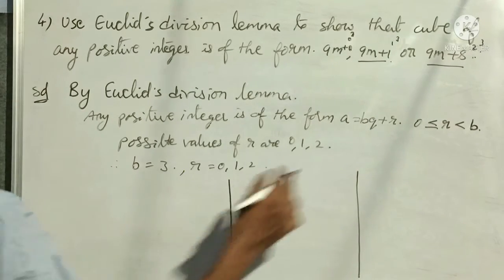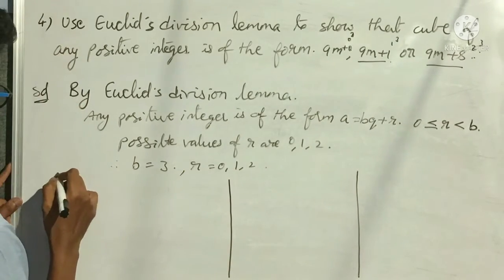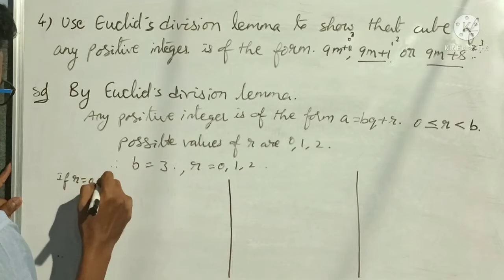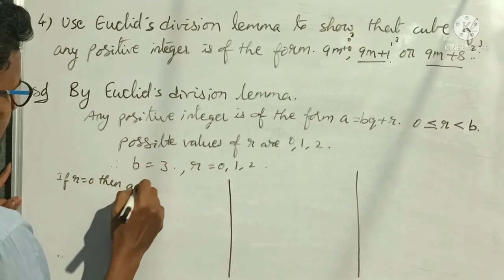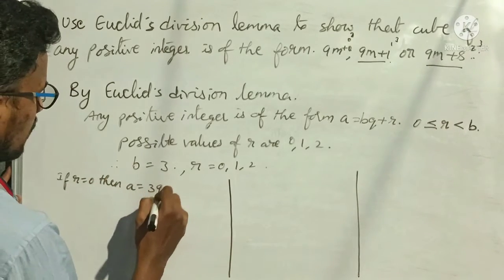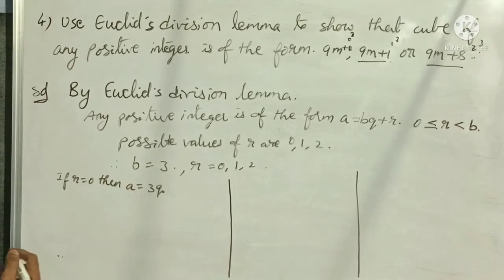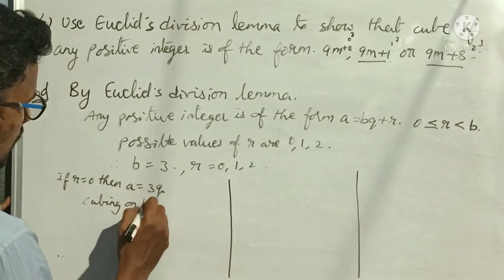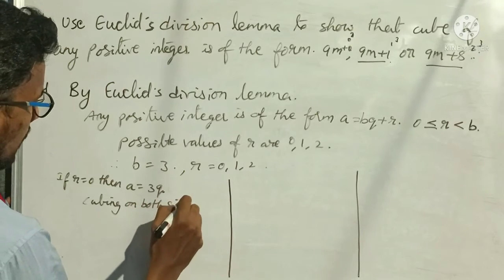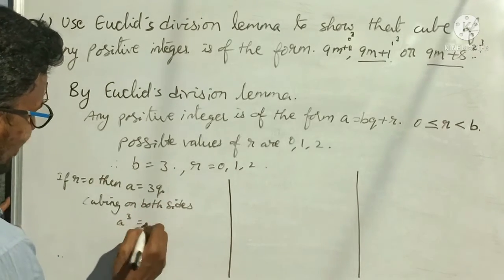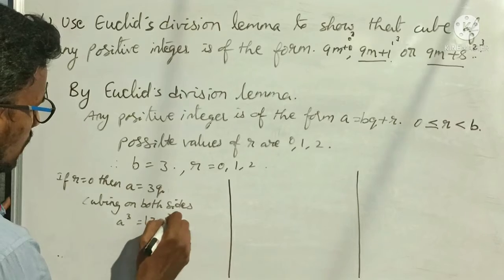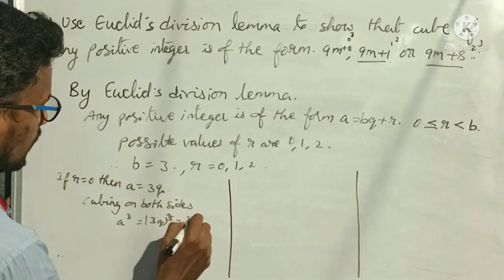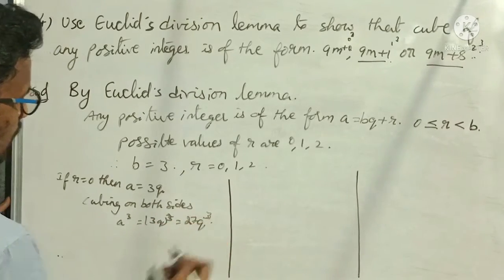Okay, so when r is equal to 0, then a is equal to 3q. Yes, so now cubing on both sides. So a cube is equal to 3q whole cube, that is equal to 27q cube, right?